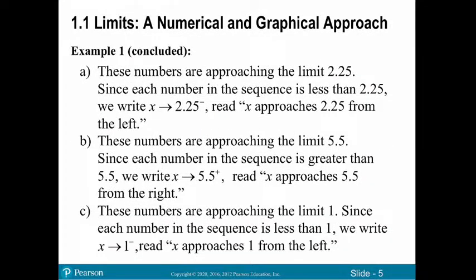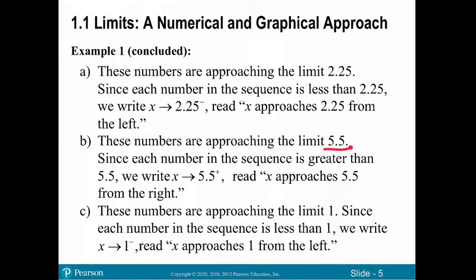So for part A, these numbers are approaching the limit 2.25. Since each number in the sequence is less than 2.25, we write x approaches 2.25 from the left. For part B, these numbers are approaching the limit 5.5.